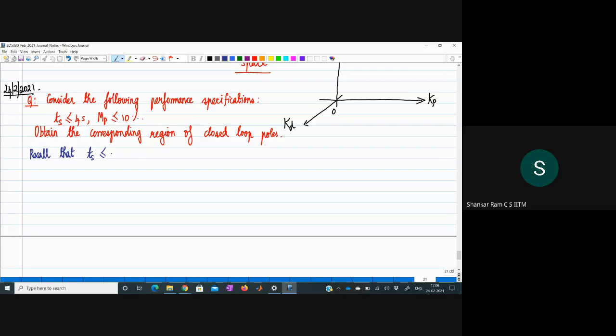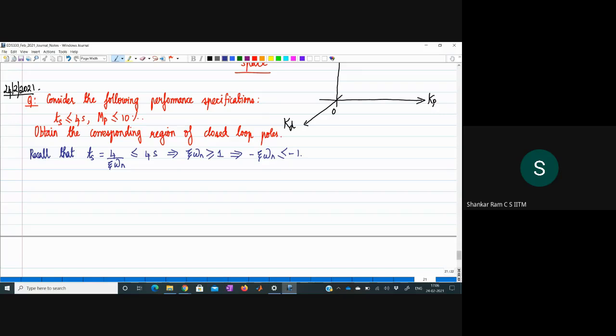So it was 4 by zeta omega n, right? So as I mentioned, by default we will use the 2%, and that should be less than or equal to 4 seconds. So this will imply that zeta omega n should be greater than or equal to 1, right? So this implies that minus zeta omega n should be less than or equal to minus 1.